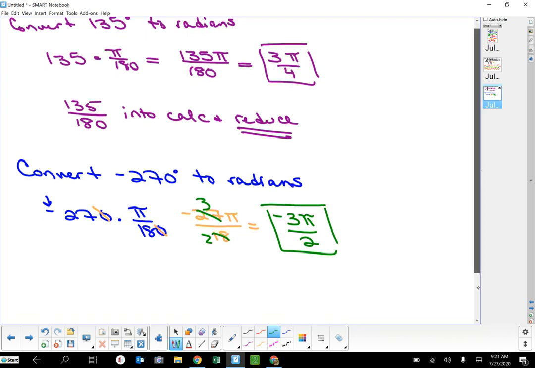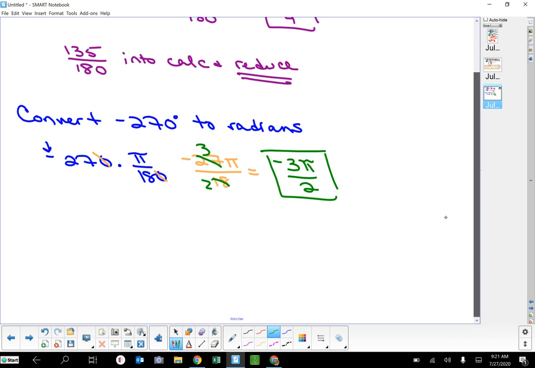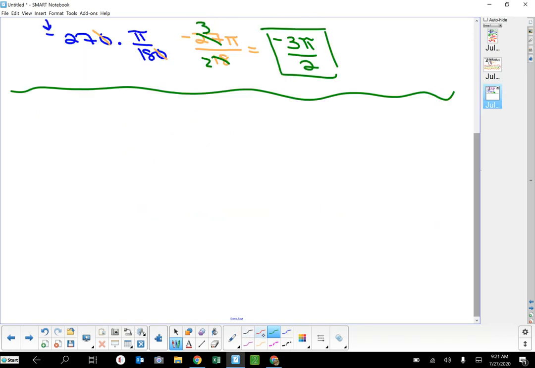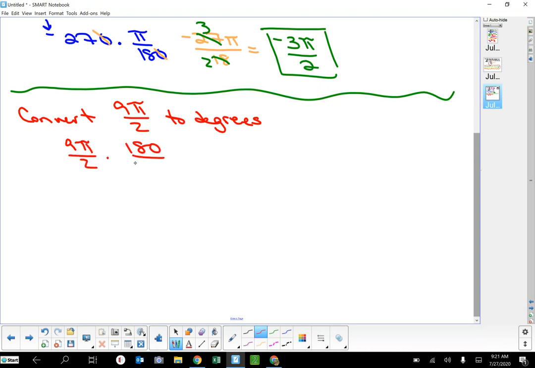All right, let's go the other way. So that was converting degrees to radians. Let's convert radians to degrees. So let's convert 9 pi over 2 to degrees. We take 9 pi over 2 and we multiply by 180 over pi.